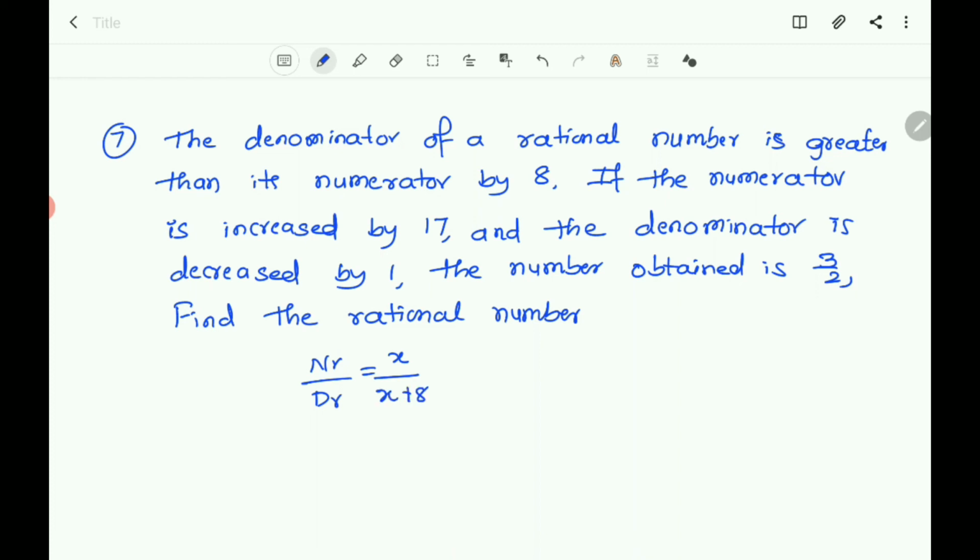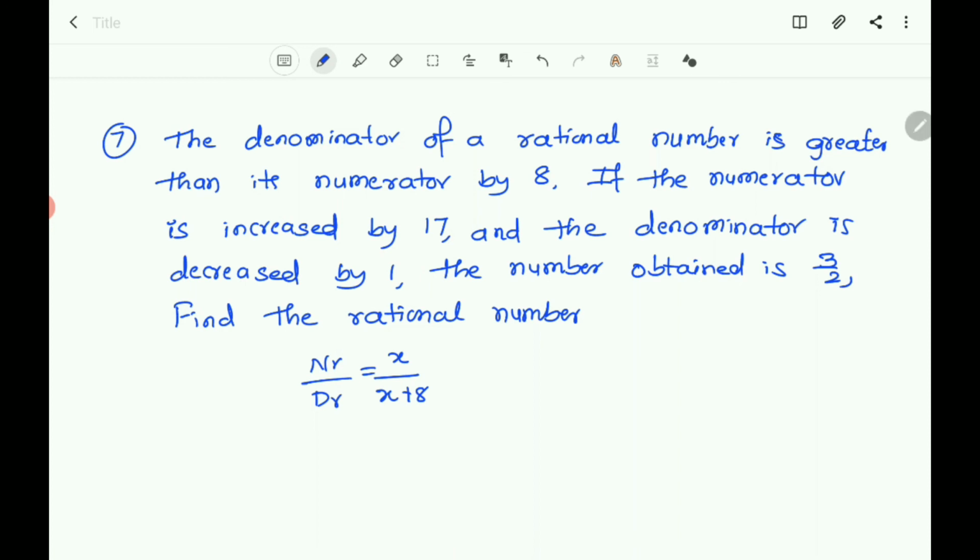Now what is given? If the numerator is increased by 17, that becomes x plus 17, and the denominator is decreased by 1, it becomes x plus 8 minus 1.